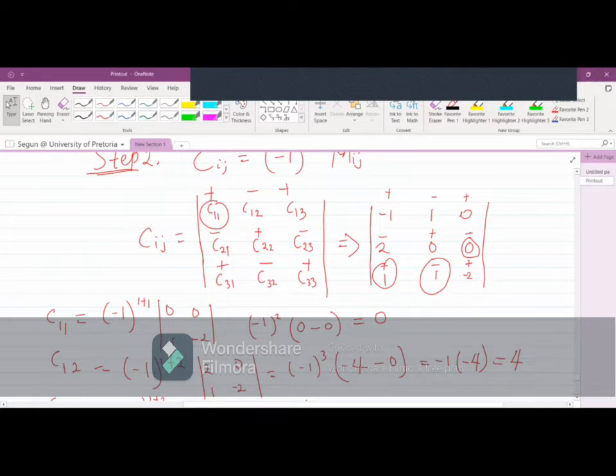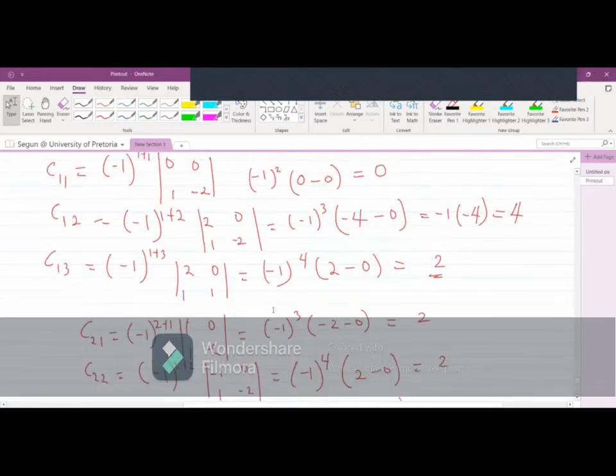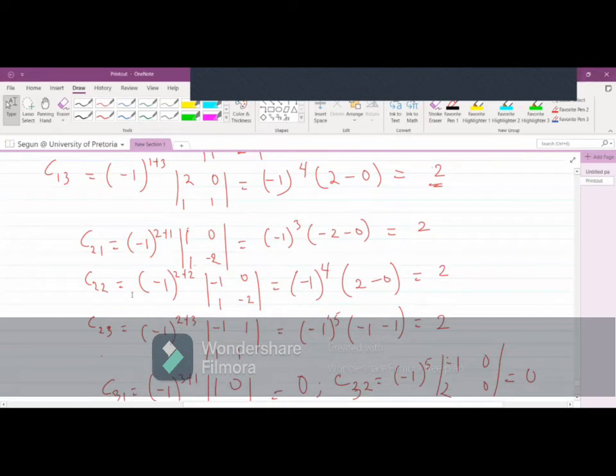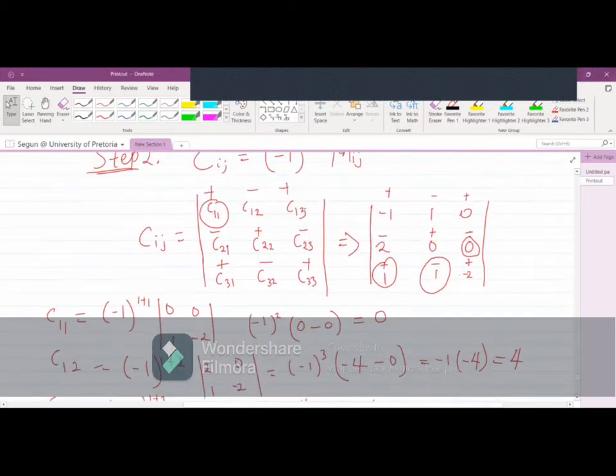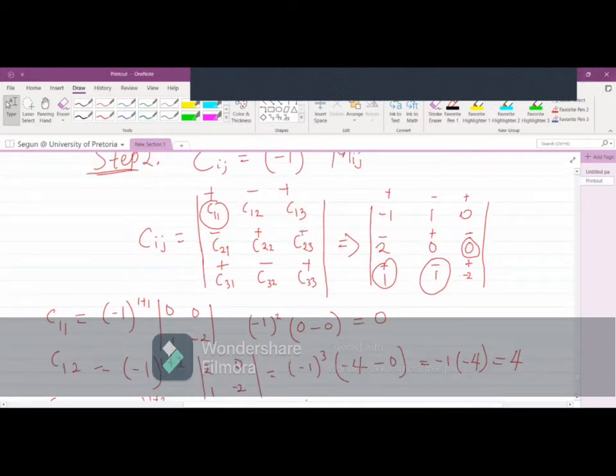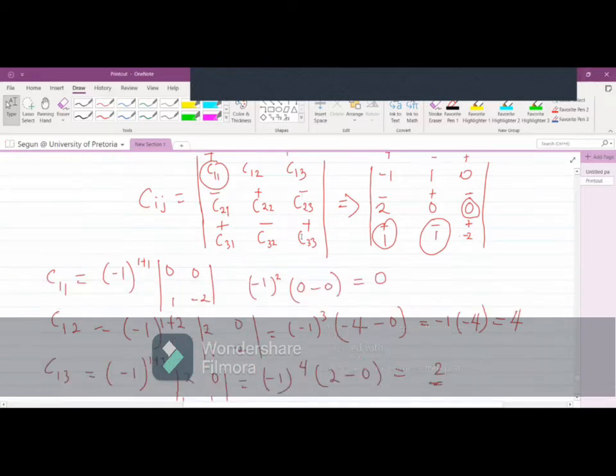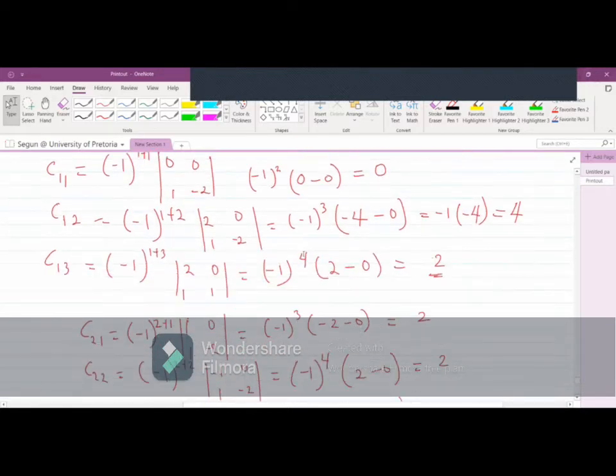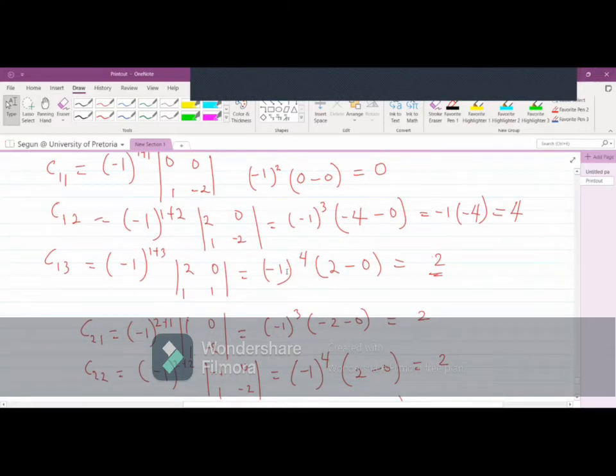Look at A12. Is it not negative? It's negative. Let's check A23. A23 is what? It's negative. And what do we put on top? Negative. Can you see it now? It's like the minus that we put on top is guiding us.